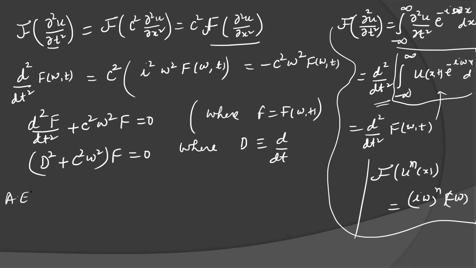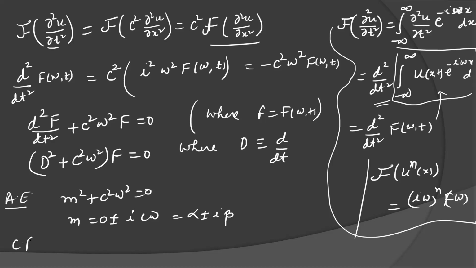Now the auxiliary equation will be m square plus c square omega square equal to 0. So m equal to plus minus i c omega. Now you can compare it with alpha plus minus i beta. Then the complementary function is given as e to the power alpha t (c1 cos beta t plus c2 sin beta t), because you are differentiating with respect to t here.